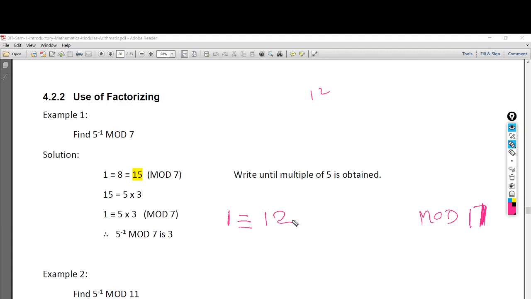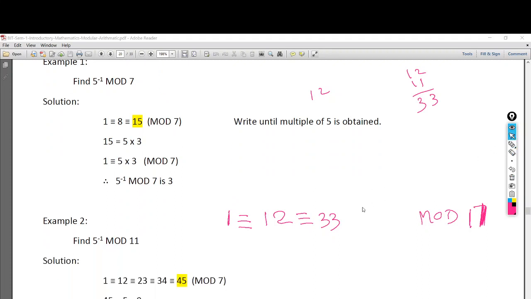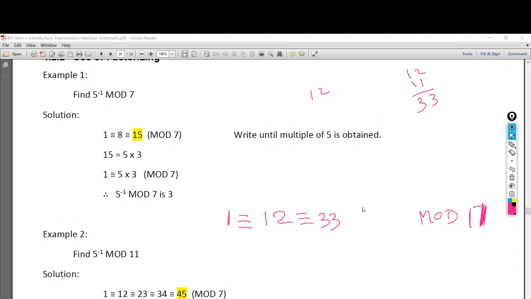So still it's not going to work. Now you add another 11. Sorry, 12 plus 11 is 23, not 33. So 23 is also congruent to 1, but 5 is not a factor of 23.